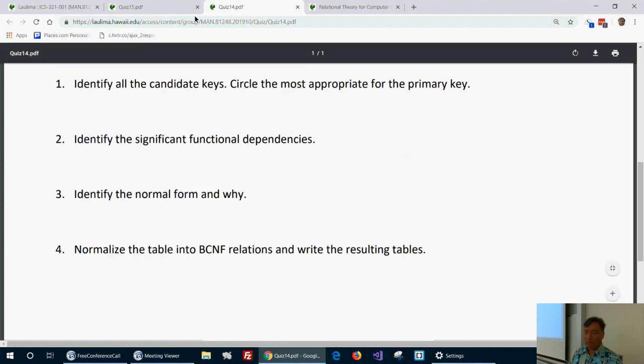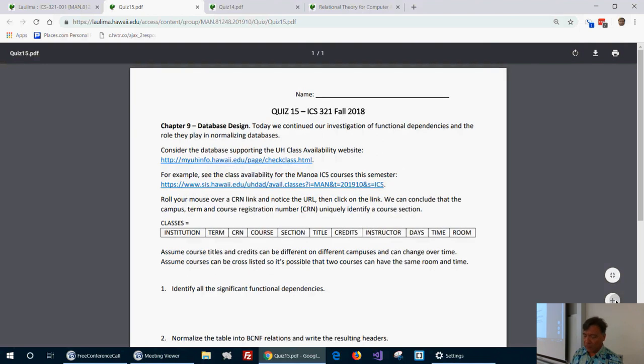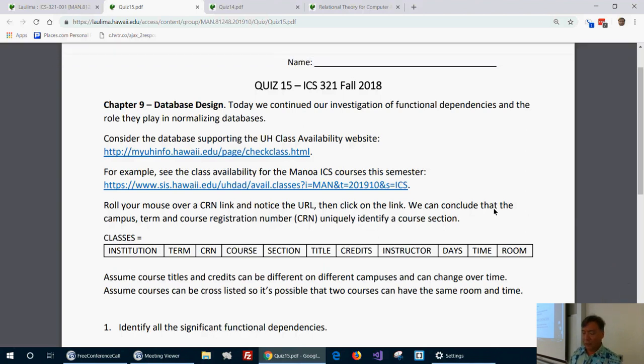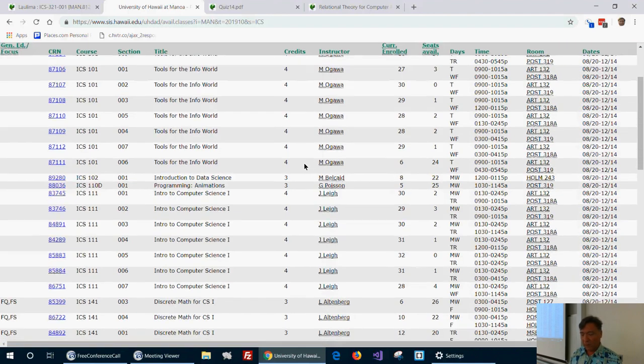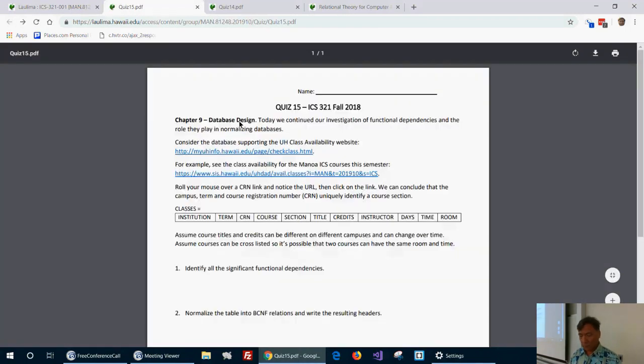Okay, so the next quiz, though, it's the same set of data, but we learn a lot more about it because we're looking at the actual scheduled classes. So if we actually look at the scheduled classes, this is the one for the ICS department this semester.